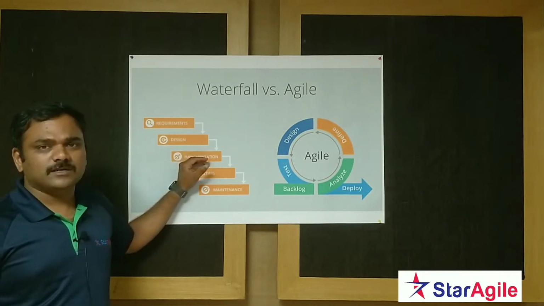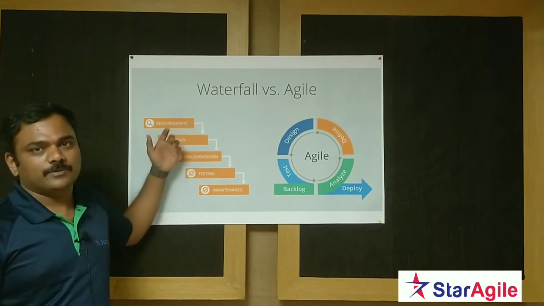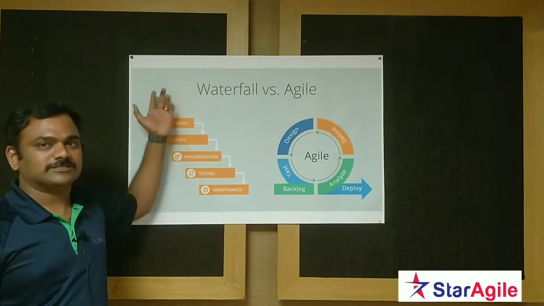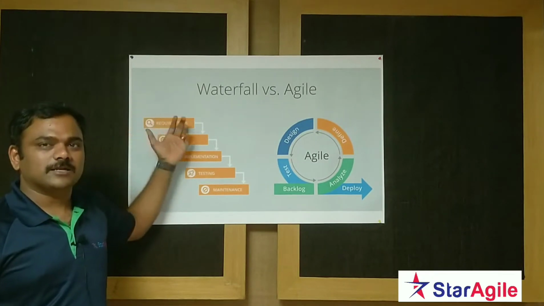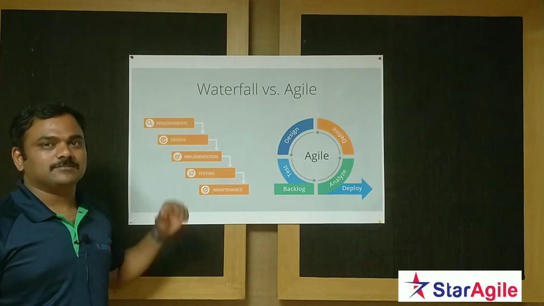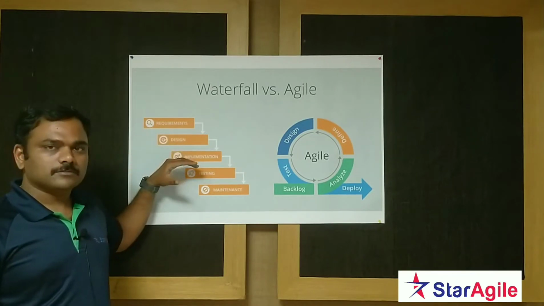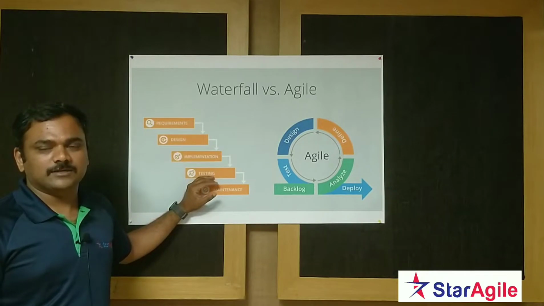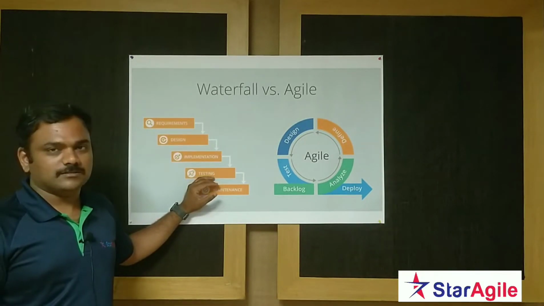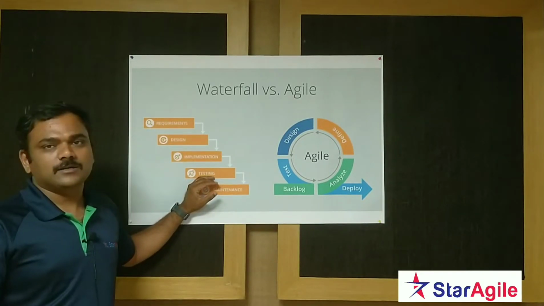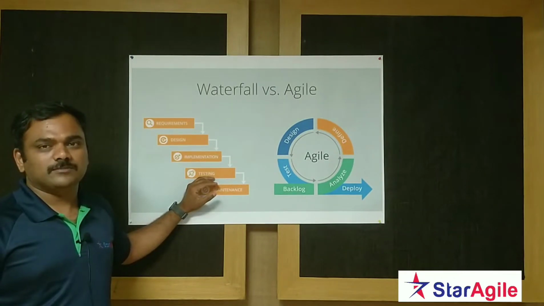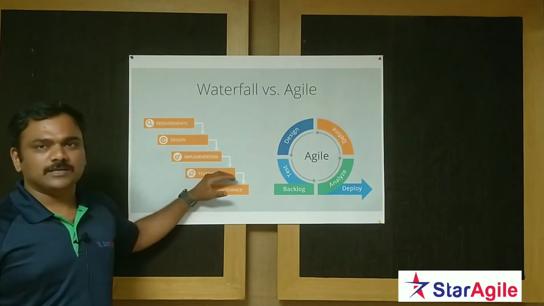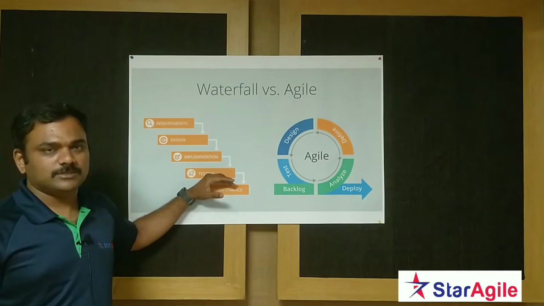Once you are done with that, you start developing, and that's where the teams are developing the solution that you promised to the customer at the beginning of the project, based on the requirements you collected and the design that you agreed upon. Once the development is over, there is usually a testing phase, where you do all sorts of testing, integration testing, regression, whatever different tests make sense in that project, at the end of the project.